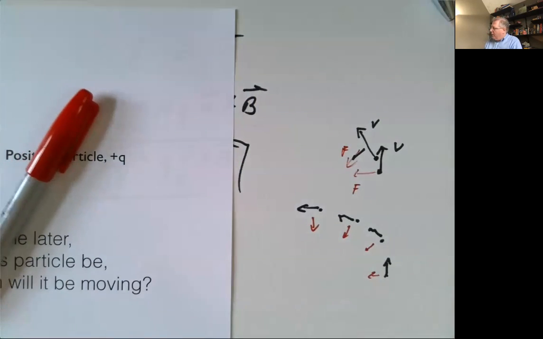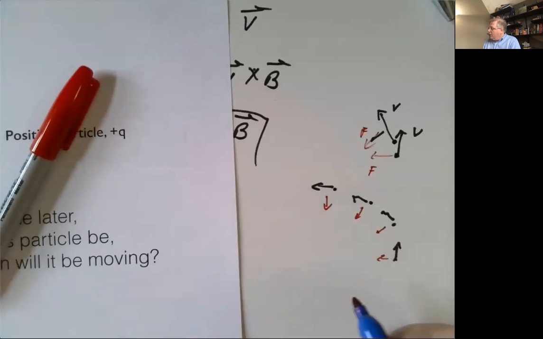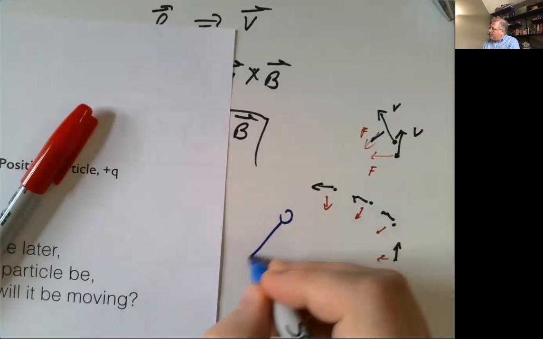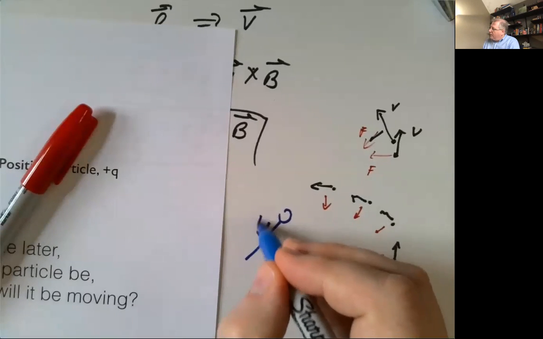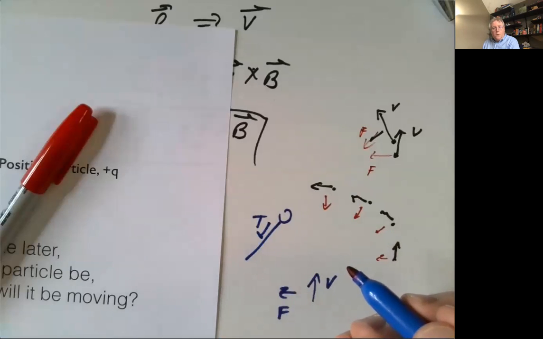We've seen this before. This is just uniform circular motion, right? The velocity is perpendicular to the force, and as long as you have that, you have a thing moving in a circle. This is the same as a ball on a string, where the tension force is always acting towards the center of the circle.